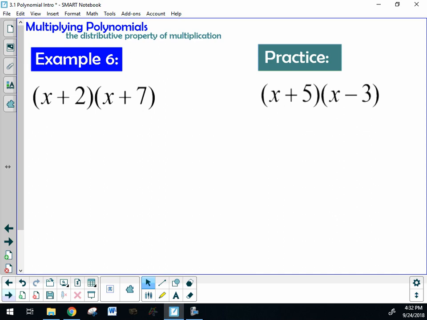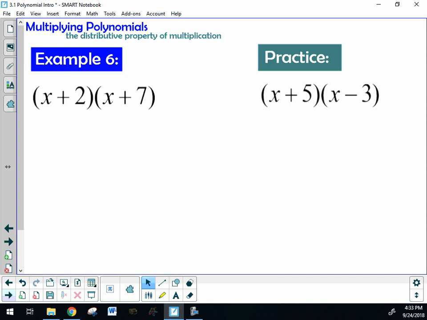And distributing is all fun and games until both of your polynomials have two terms. In this case, we're going to multiply a couple of binomials together. So I have x plus 2 times x plus 7.